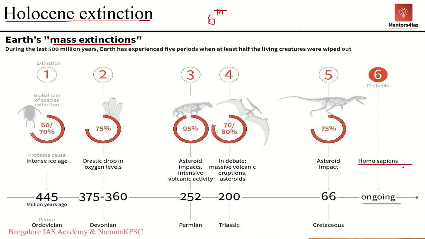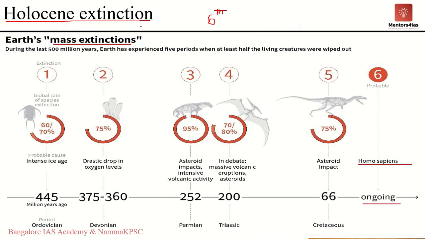Many species will go extinct, but there is a natural process to it. But as of today, due to man-made activities, this rate of species going extinct has increased considerably. So, to a very great extent, human activities are the reason for several species going extinct, and this is known as the Holocene extinction or Anthropocene extinction.